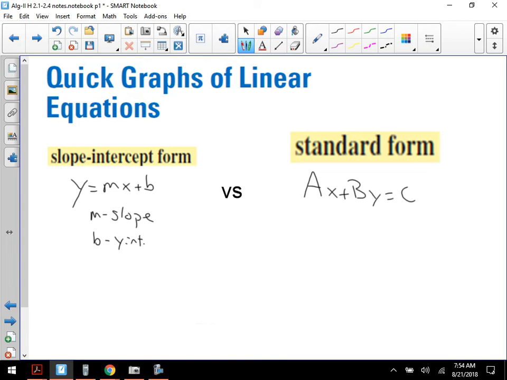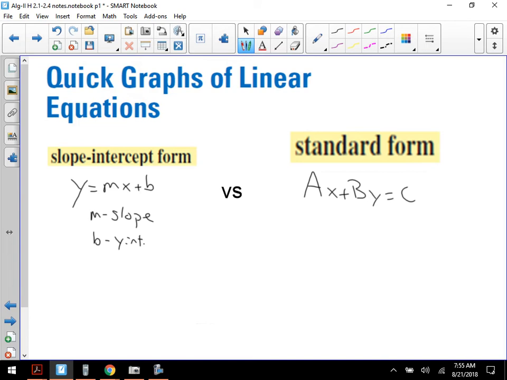A lot of times, that had a bunch of rules with it, where it said that both a and b can't equal 0, they had a GCF of 1, things like that. There's a lot of little parts to it. When you had that form, one of the first things we started dealing with were literal equations.